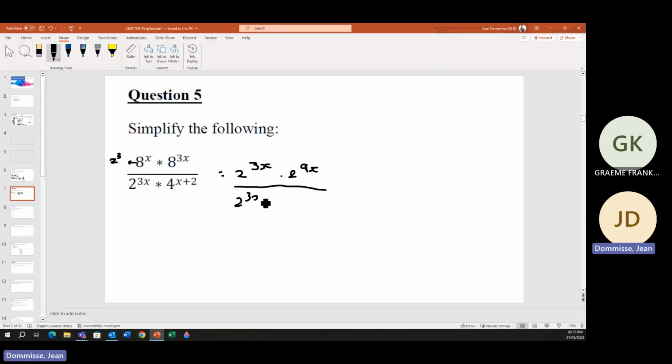So that we're going to keep for now. And what we can look at is to change 4 to 2 to the power of 2. So we're actually sitting here with 2 to the power of 2x plus 2.